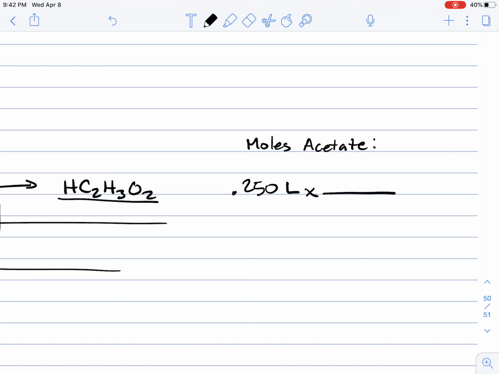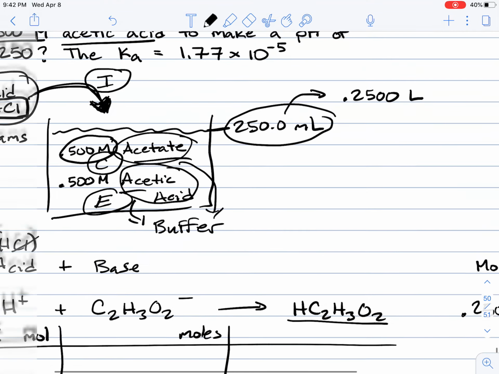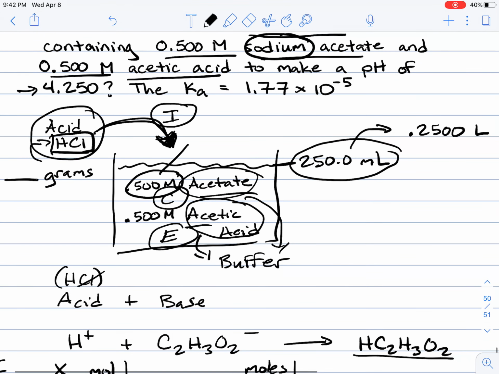And I'm multiplying it by the concentration of acetate, which was 0.500 moles for every 1 liter. So I grab that number from the problem.